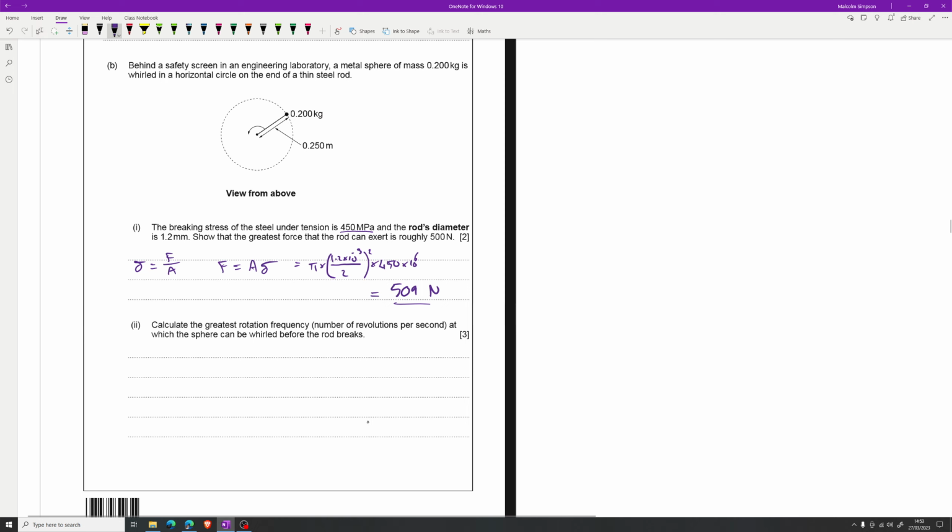So if we set the centripetal force, which is mass times centripetal acceleration, so it's m omega squared r, equal to 509 and then solve for omega, that implies that omega, the number of radians per second, is equal to the square root of 509 divided by, what's the mass here, 0.2, multiplied by the radius 0.25.